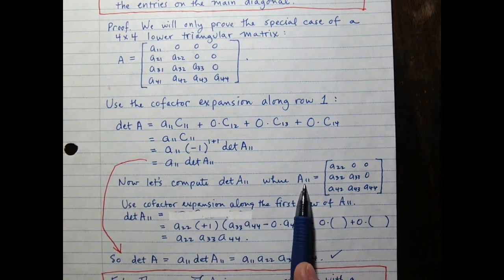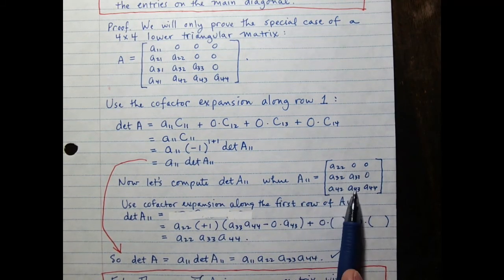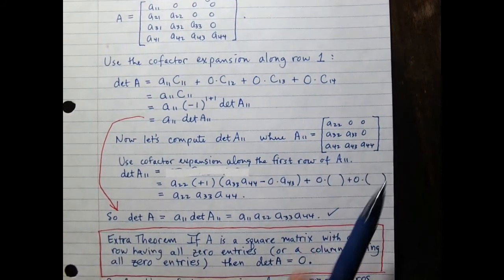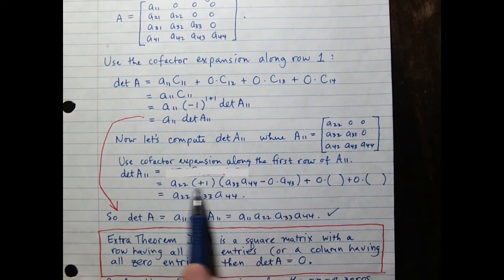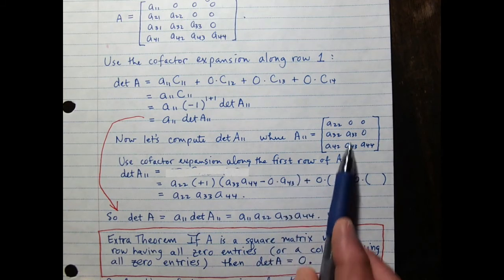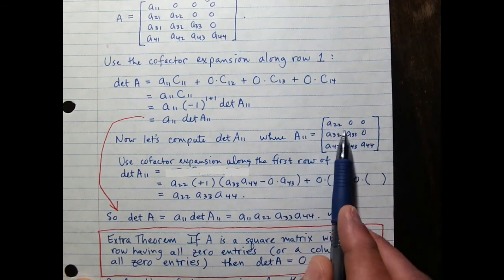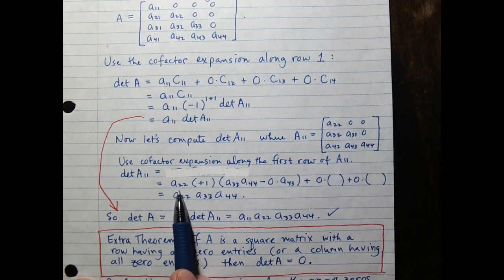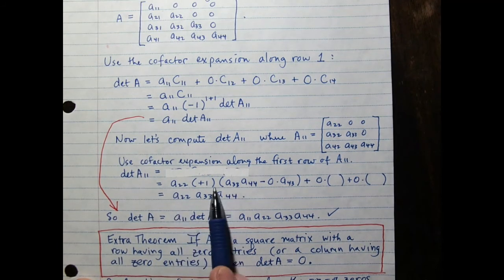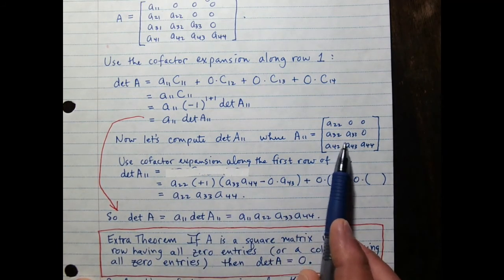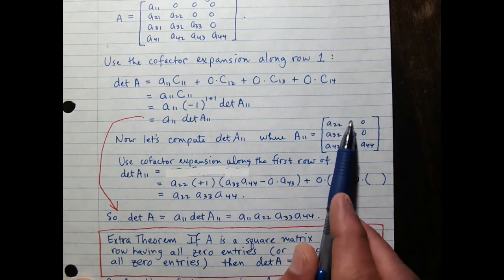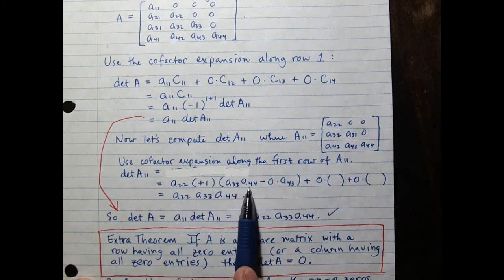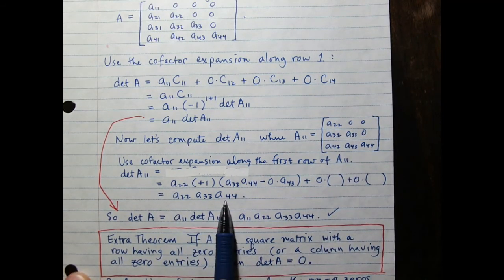The determinant of that matrix you can expand again using cofactor expansion. You pick the first row again if you'd like, and you're going to get A22 times some stuff. I think you can see what's going to happen: because of all these zeros, we just keep lucking out, and we just end up multiplying these entries along the main diagonal.